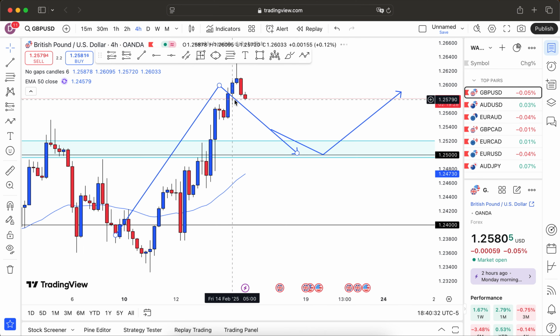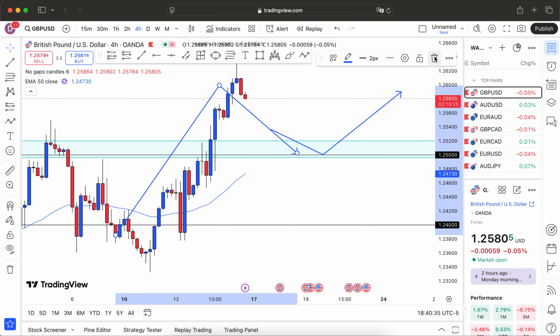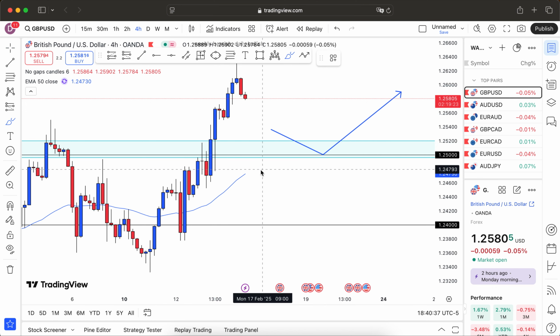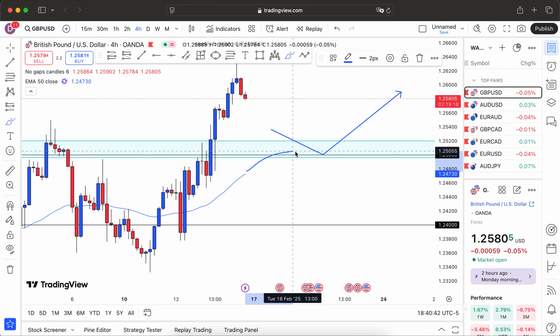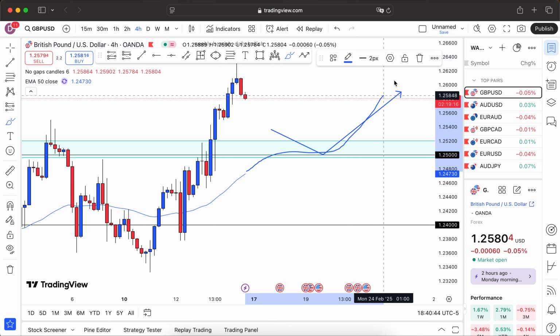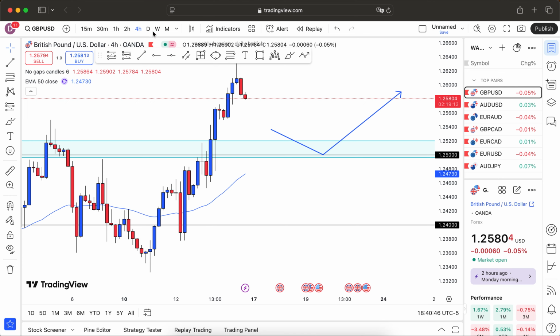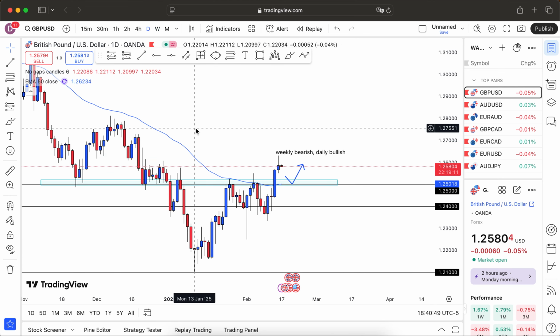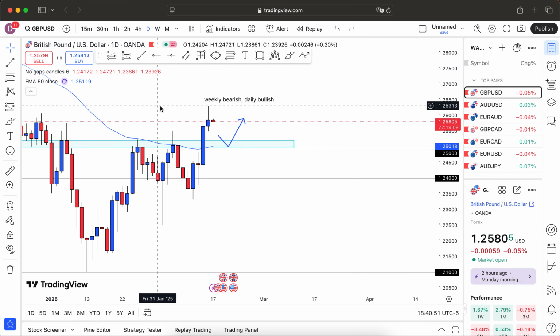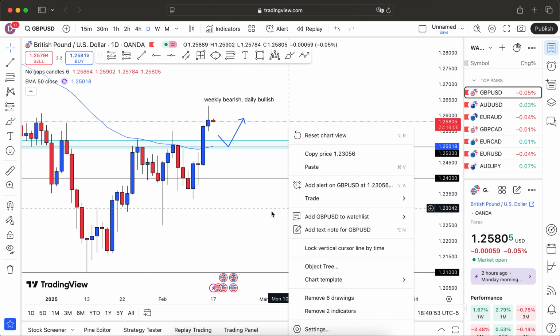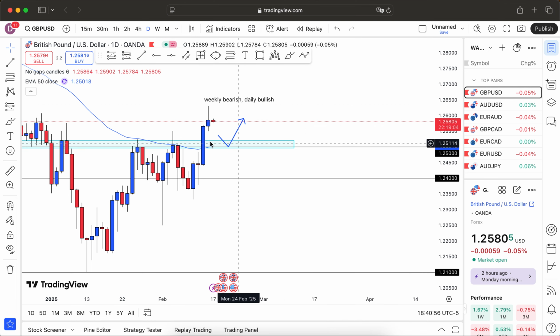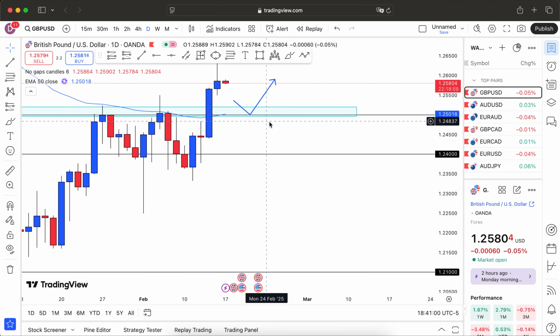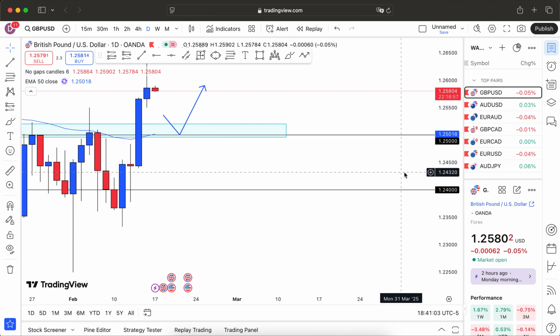It would also retest the 4-hour EMA because the 4-hour EMA by that time will hopefully catch up into this area of interest to then continue to the upside, right? So it's going to be retesting quite a few structure points and quite a few indicators around this area of interest. All we're going to wait for the price to do is a retracement. Until then, we're not looking at this pair.